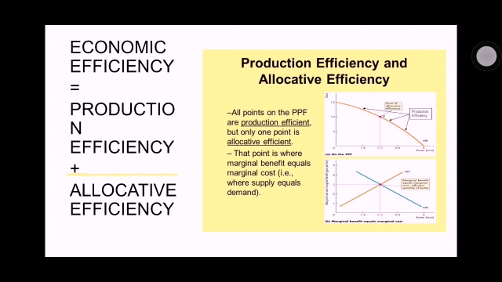It takes place when both full employment and full production are satisfied. So that is any point on the production possibility curve. However, producing at any of these points will not be the best thing for the economy, because it's not the economically efficient point. So we are lacking something apart from production efficiency, which is allocative efficiency.